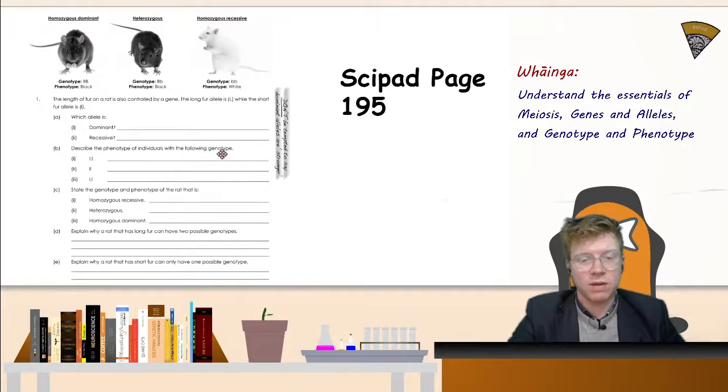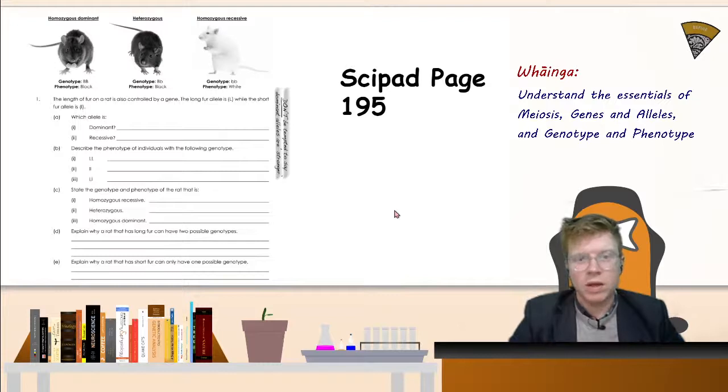Describe the phenotype of individuals with the following genotypes. Well, if it's big L, that's homozygous dominant, right? But the phenotype, so the outcome, will be long fur, won't it? Because they have 2 copies of the same allele there. For here, we've got 2 little L's, which is short fur, same thing there. Here we have a heterozygous individual, so they have 1 big L and 1 little L, right?